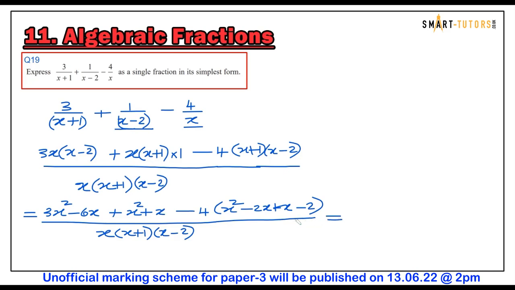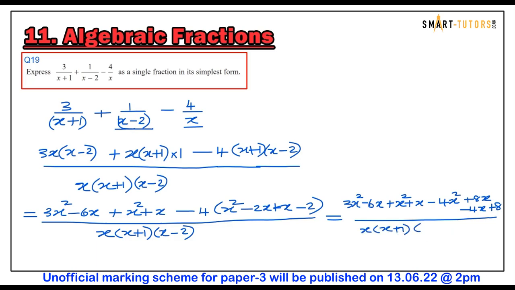And now 3x squared minus 6x plus x squared plus x minus 4x squared plus 8x minus 4x plus 8, over x plus 1, x minus 2.